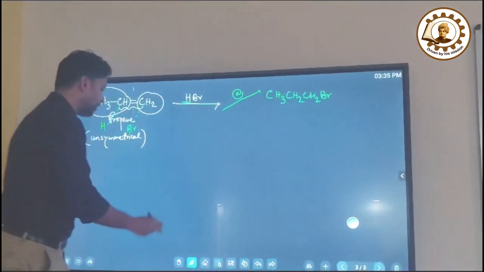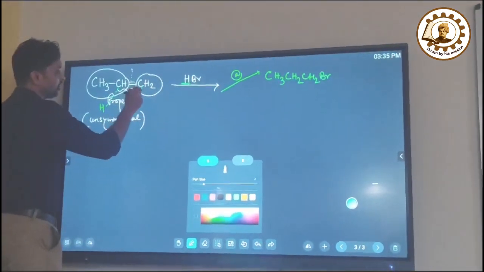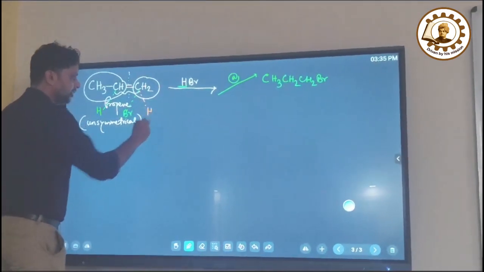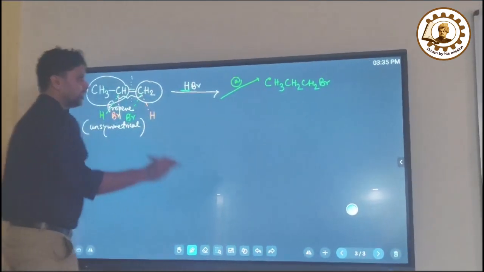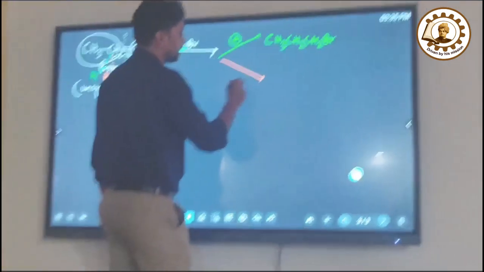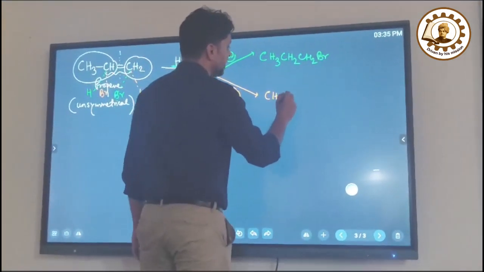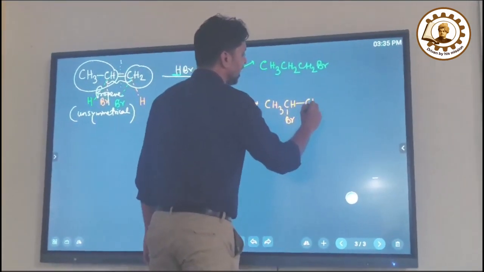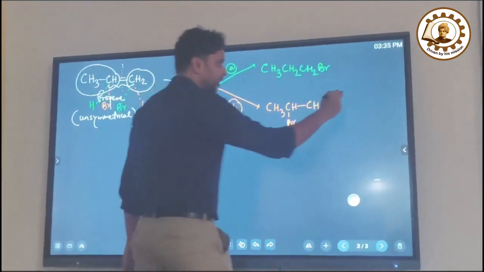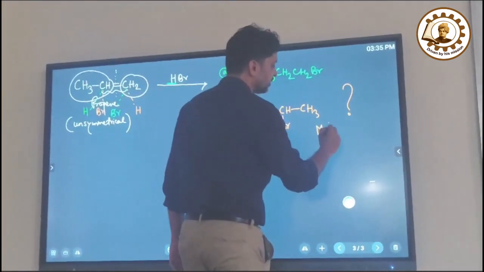And possibility number 2: the hydrogen may be added to this carbon and the bromine to this carbon. Now the compound is completely different. So this is situation B, where we have CH3, CH, and CH3. Now the question is, which one will be our major product?